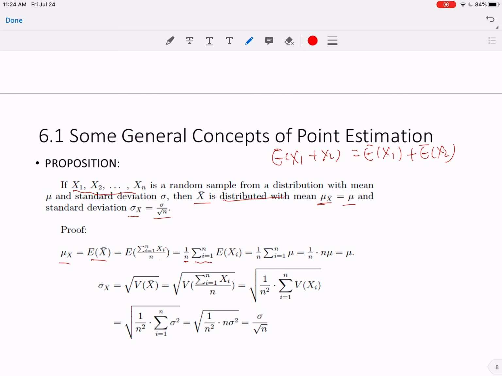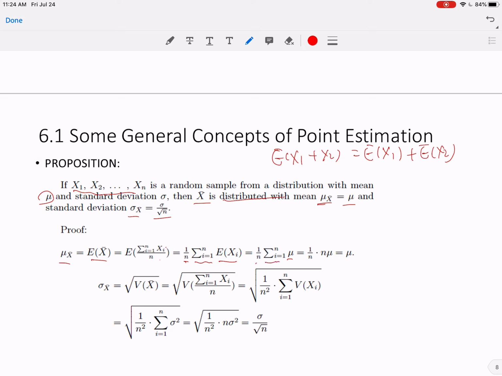Once we have that, we know that E of xi is always equal to mu here, right? E of x is equal to mu, and so E of xi is going to be equal to mu. Then this whole thing is equal to 1 over n multiplied by the sum of mu.